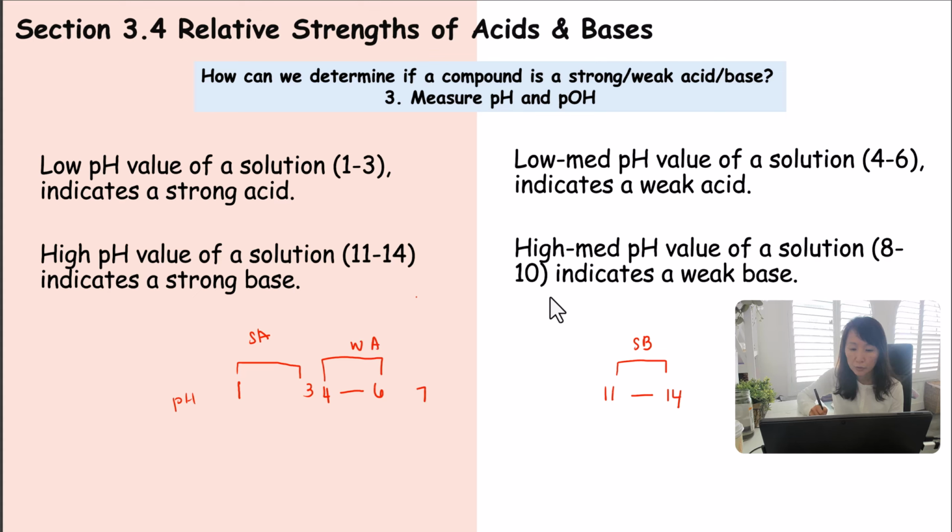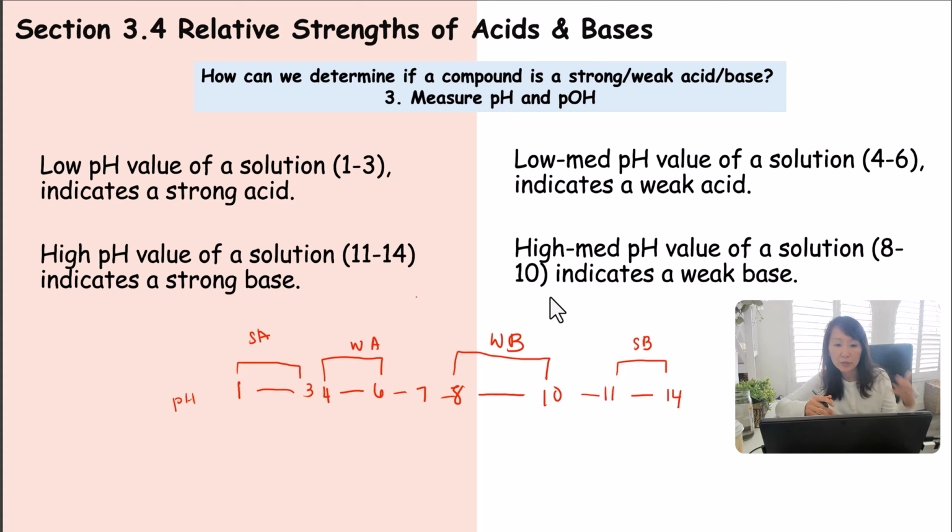And here's my neutral, that's at 7. And then anything between 8 and 10 would be a weak base. Okay? Would you say 10 exactly is a weak base? What about 10.2? It just sort of depends, but this is a general idea of how we can determine the relative strength of acid and base.